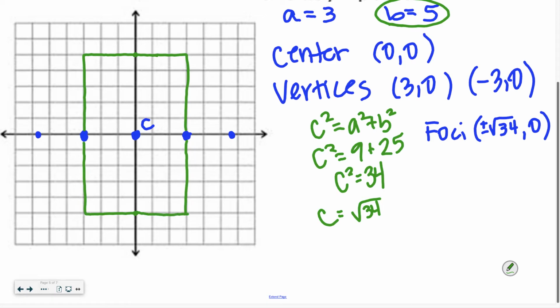And what this means is we want our asymptote to go through the center and the diagonals, or the corners, okay? So center, corners, these asymptotes go through.